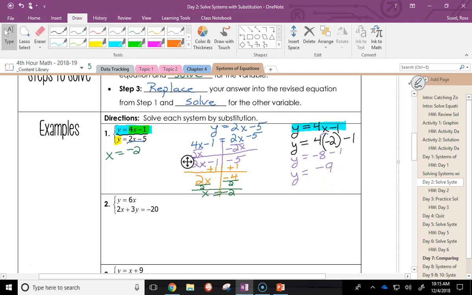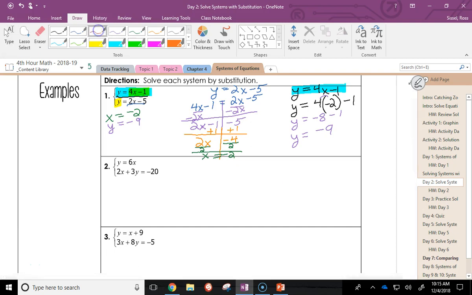But negative 8 minus 1 is negative 9. I've now found x and y, so my answer is negative 2, negative 9.